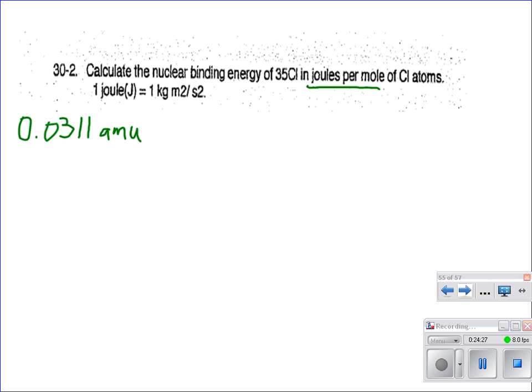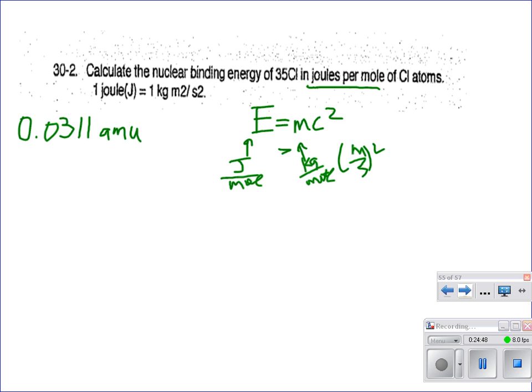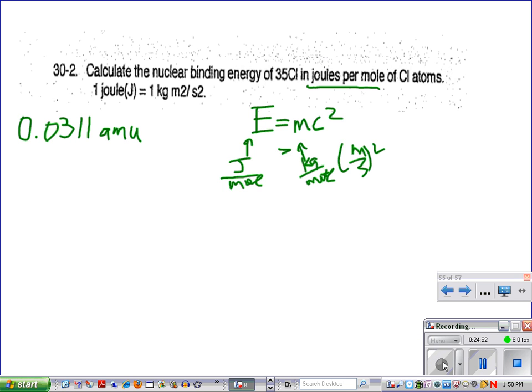So we need a per mole aspect to this. In our E equals mc squared, in order to get joules per mole here, we need kilograms per mole there. Do y'all see that?